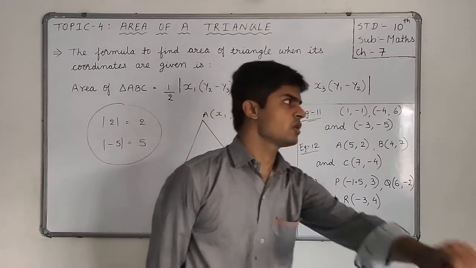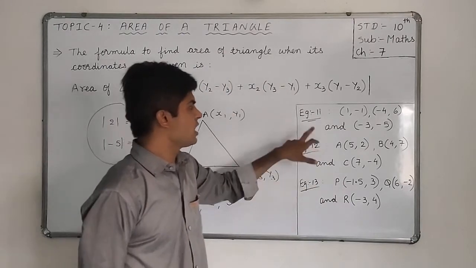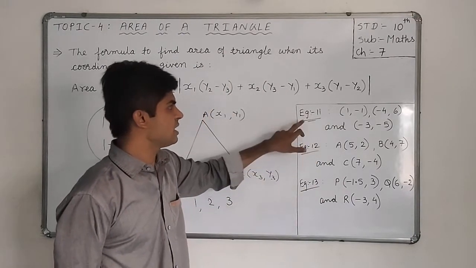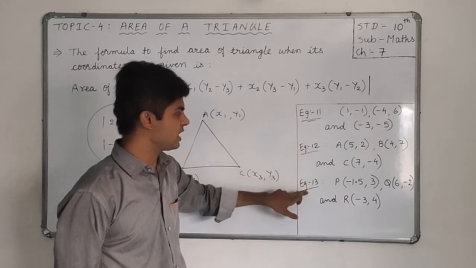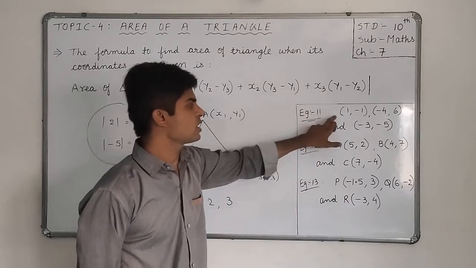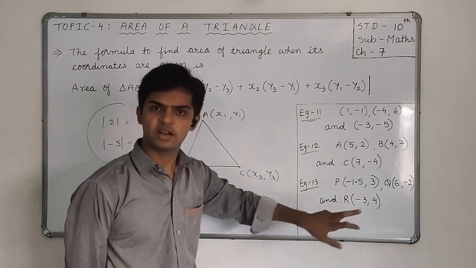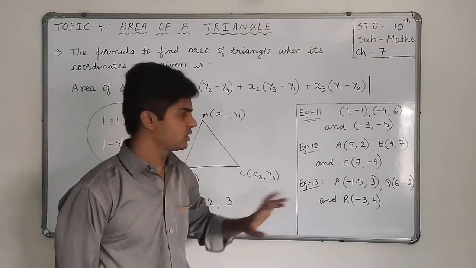Understood? Now, based on this formula only, we are going to solve example 11, example 12 and example 13 of our NCERT textbook. Here you can see that the coordinates are written and it is asked to find the area of triangle.